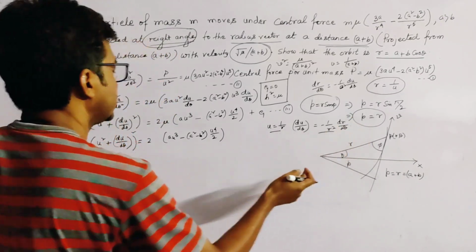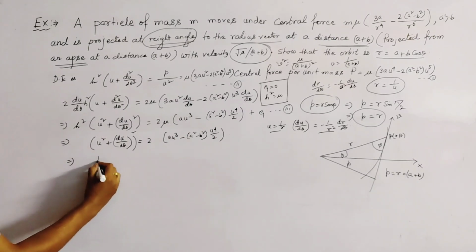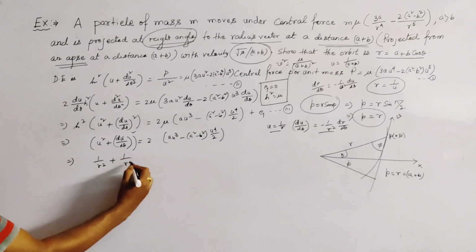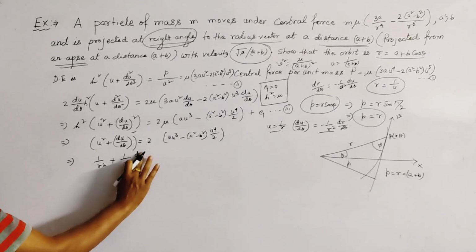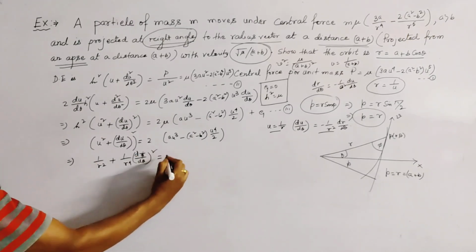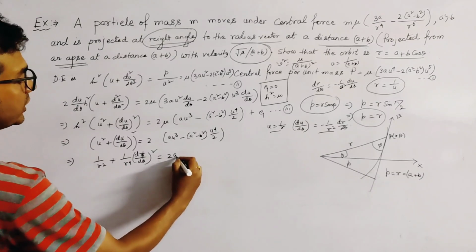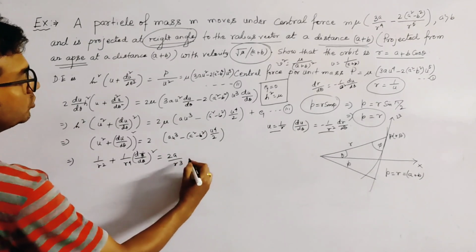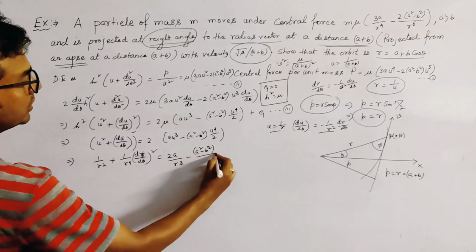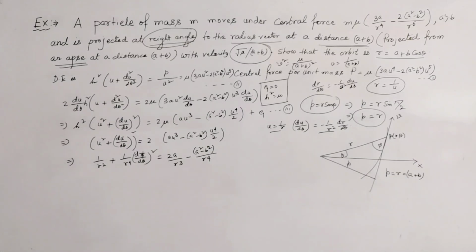These two results substituted here give 1 by r square plus 1 by r to the power 4 dr d theta whole square, equal to 2 into a by r cube minus a square minus b square by r to the power 4, and the 2 cancels out, right?